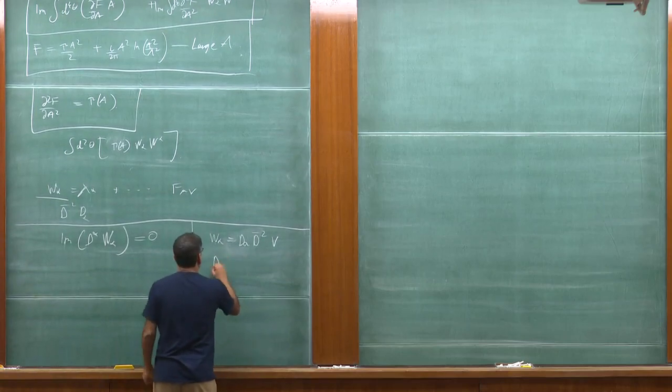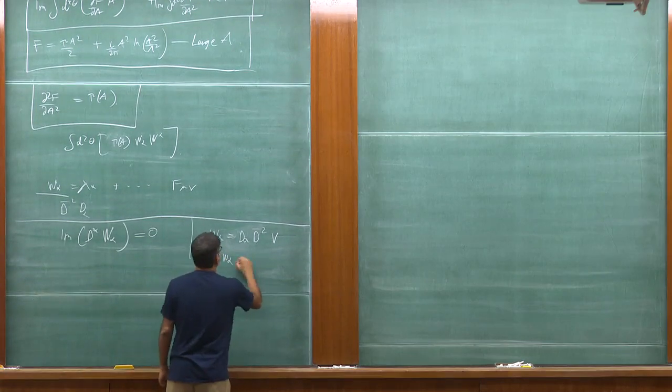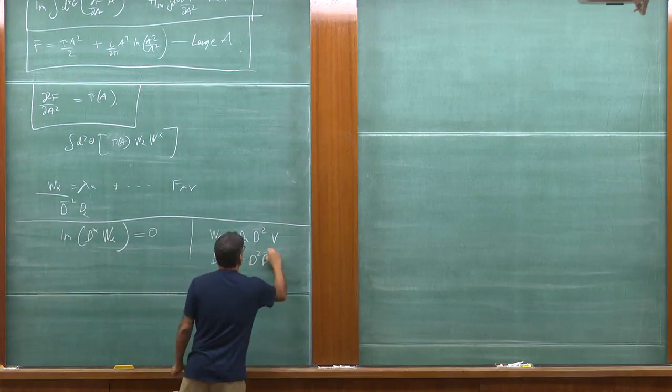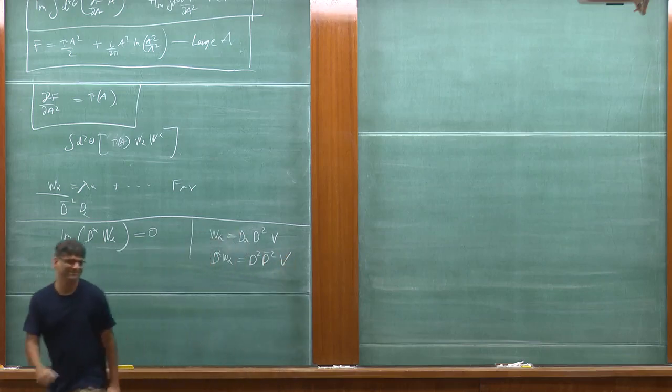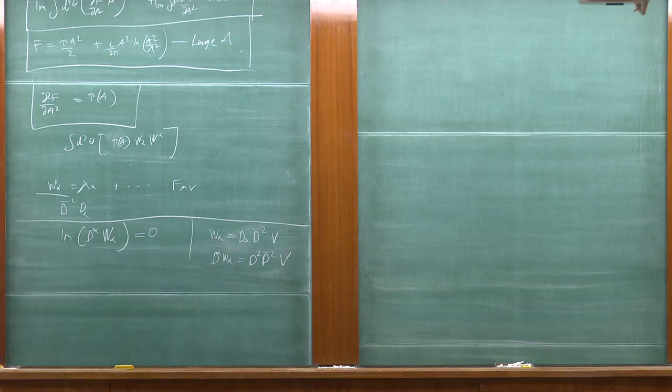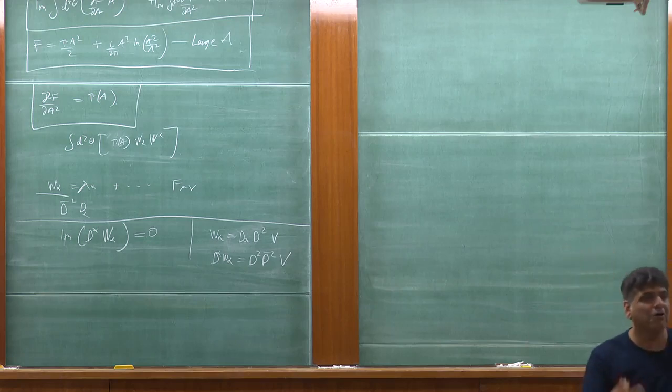So we get D alpha W alpha, which is equal to D squared D bar squared on V. Because D and D bar are complex conjugates of each other, and this is a real field, therefore the imaginary part of D alpha W alpha is 0.